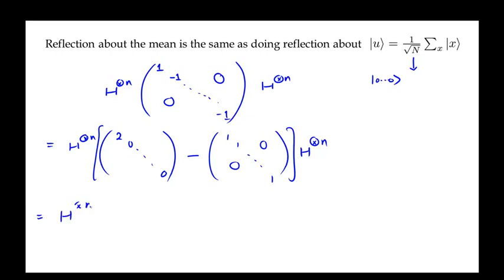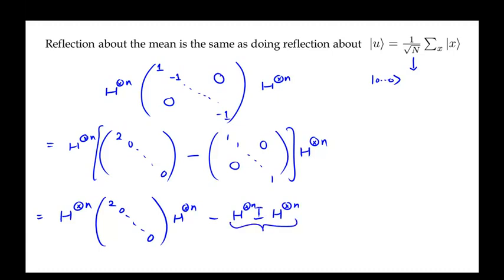This is the Hadamard transform times 2, 0, 0, 0, times the Hadamard transform, minus H identity H. But remember, the Hadamard transform times itself is just the identity, so you just get the identity. But what about this first term? How do we figure this out?